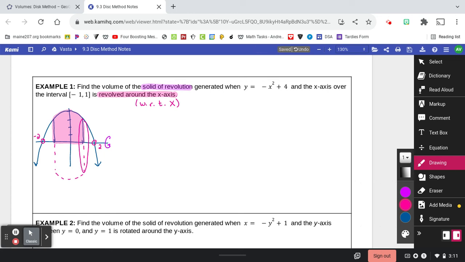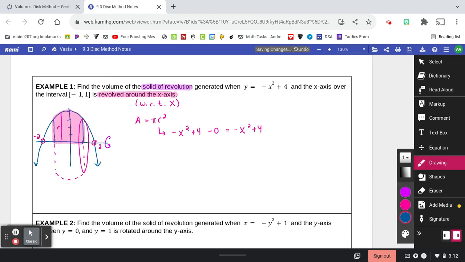Now, the radius of this region is going to be from the top to the x-axis, from the top to the bottom. So I'm going to use the area formula pi r squared. R in this problem is going to be negative x squared plus 4 minus 0, which is just negative x squared plus 4.